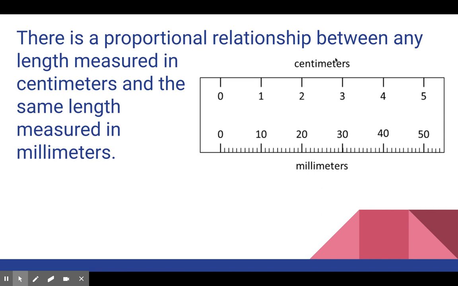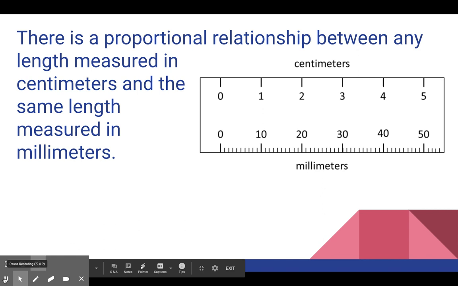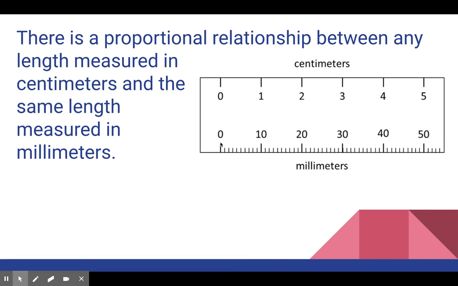But again, if I'm looking at the student companion or at this slide, you'll see this ruler. The top part of the ruler represents centimeters and the bottom half represents millimeters. And if you look, you'll notice that 0 centimeters is the same as 0 millimeters.